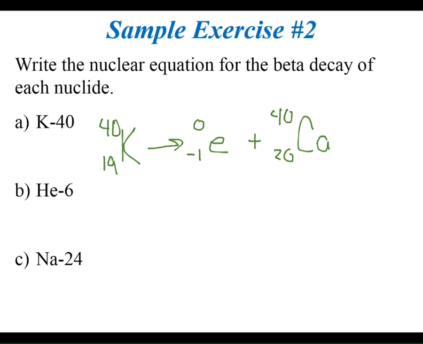Okay, try the next one. Helium-6. If helium-6 undergoes beta emission or beta decay, what else would it leave behind? A beta particle and what other daughter nuclide?